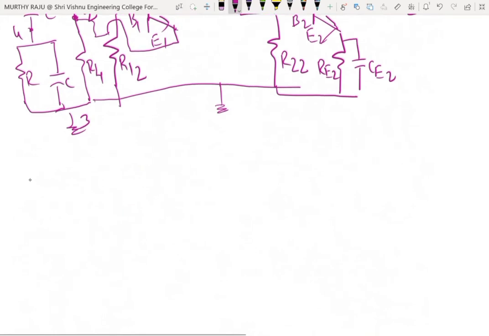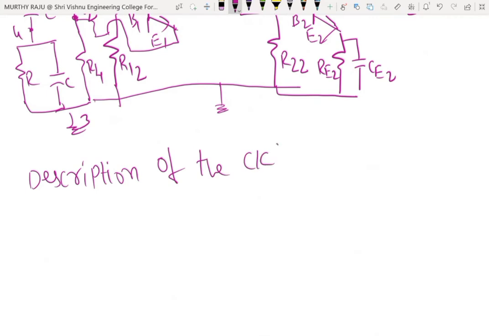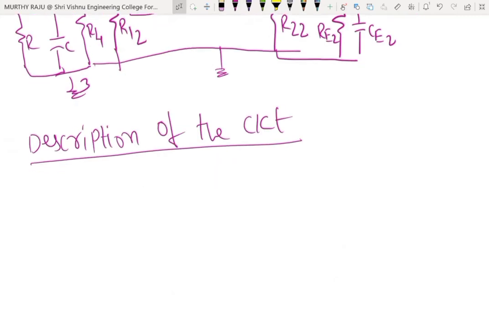Description of the circuit. First one, amplifier stage.